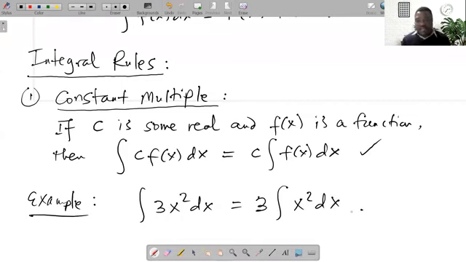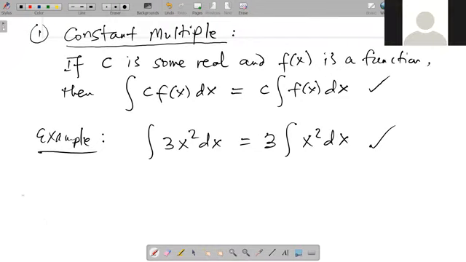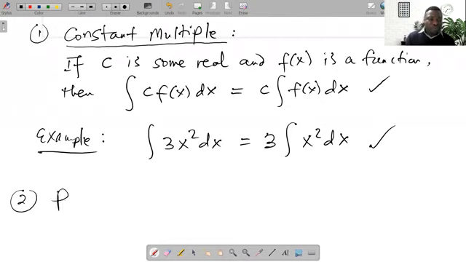I'm just going to leave it as is for now, but by way of the rule, this is how you can also express it. Are we good? Yes. All right. Let's look at the power rule. I believe we touched on that last time in the video.